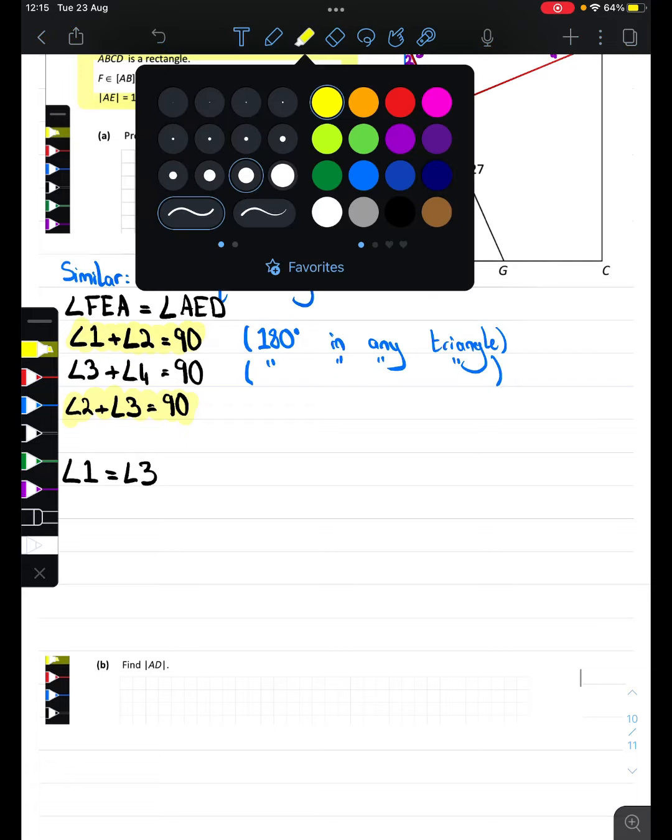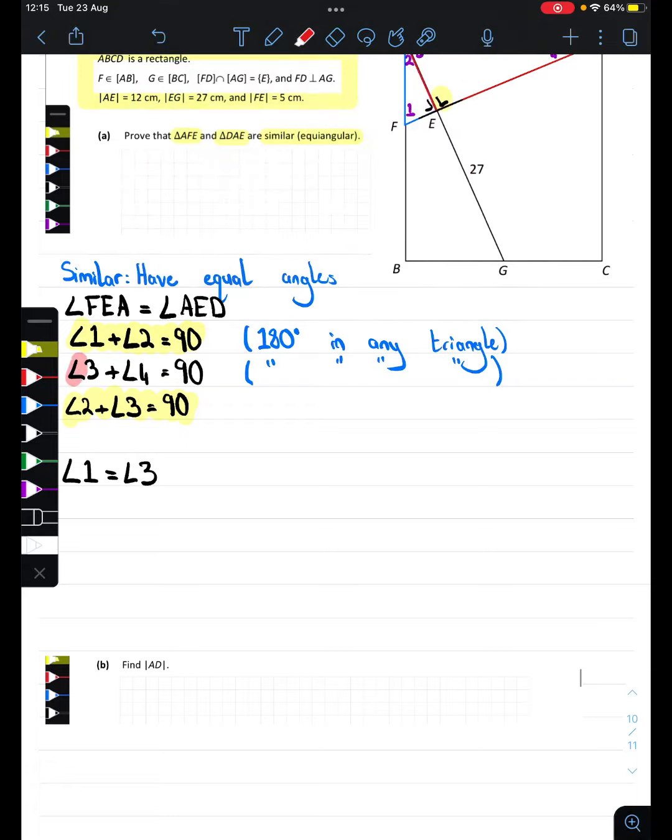And if we look at this equation plus this equation, angle 3 plus angle 4 is 90, and angle 2 plus angle 3 is 90, so angle 2 is equal to angle 4, for the same reason, because when you add angle 3 to either of them, you get 90.